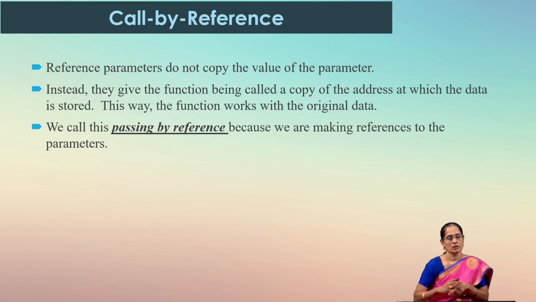What if the location of the actual argument is passed on to the formal argument? Then whatever changes we make to the formal argument will be reflected in the actual argument. It means that both the formal and the actual argument will point to the same memory location if we go for call by reference.